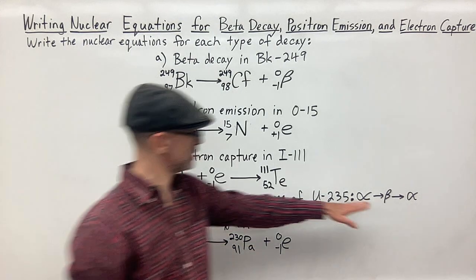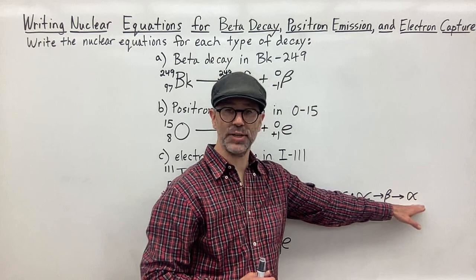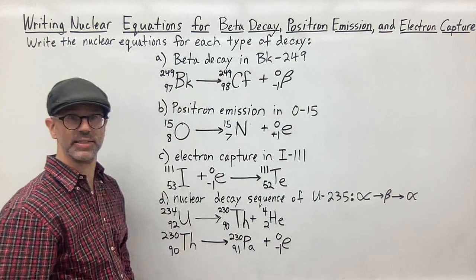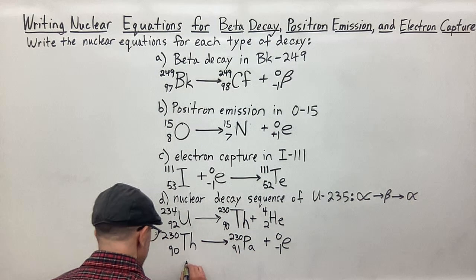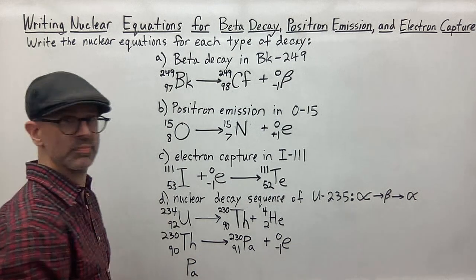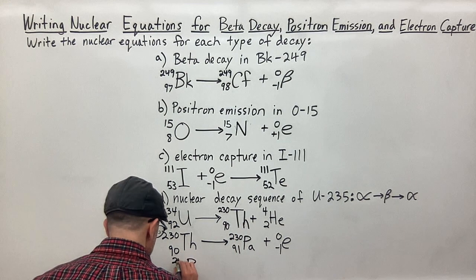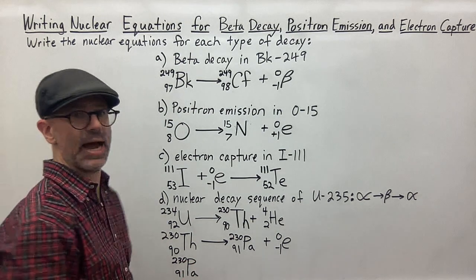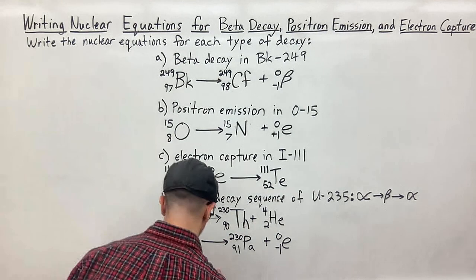The next step is, I'm told that that new daughter isotope undergoes an alpha decay. So now the new daughter isotope becomes the next parent isotope, and I'm going to write that down here. So we have Pa, 230 on top and 91 on the bottom, and that's going to undergo an alpha decay.